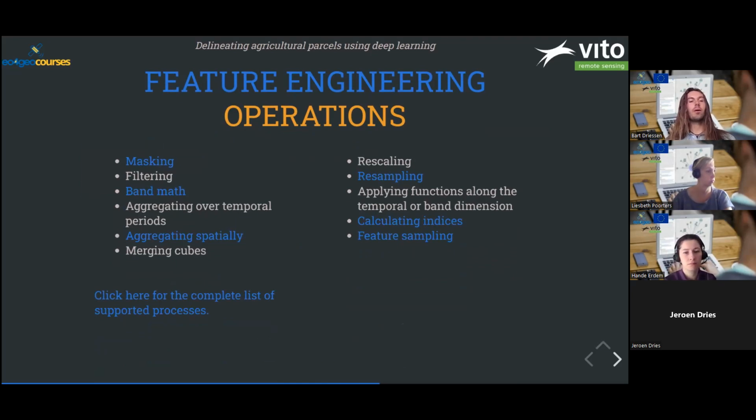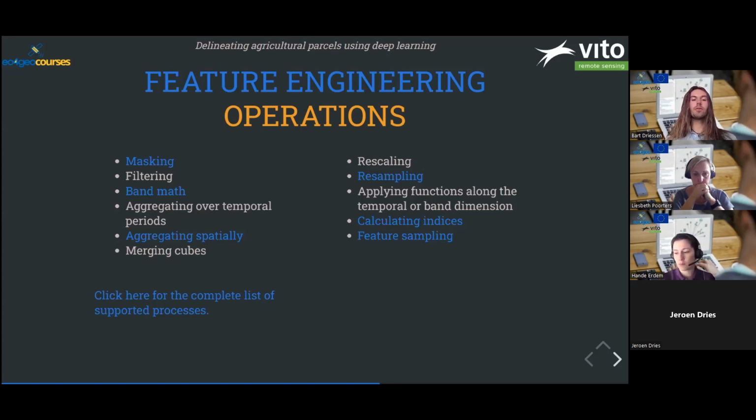You can aggregate over temporal periods, for example, taking the maximum over all of the dates that you selected. You can also aggregate spatially to get a time series. So you will have a certain area for which you have certain features, like an index that you calculated, and then you aggregate them spatially to get only the temporal changes over time over that area.